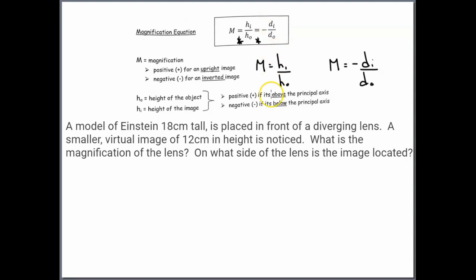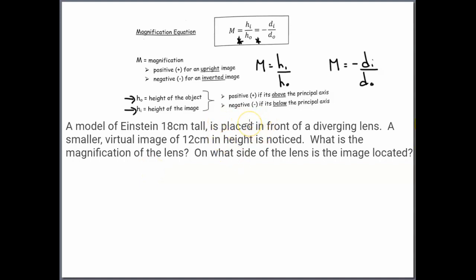Now, we've used DI over DO before in our thin lens equations. So what's HI and HO? These are the heights. HO is the height of the object, and HI is the height of the object's image.